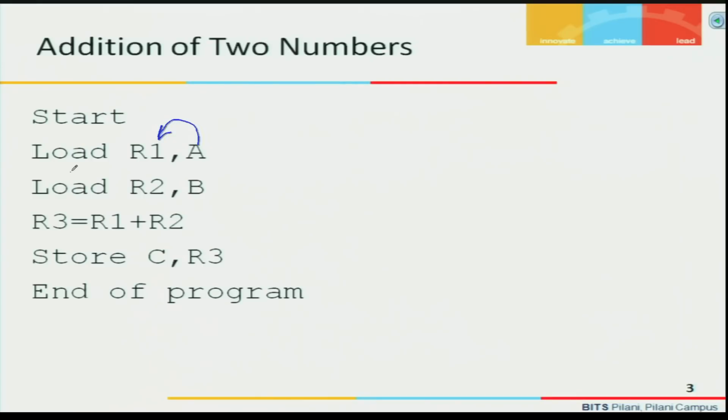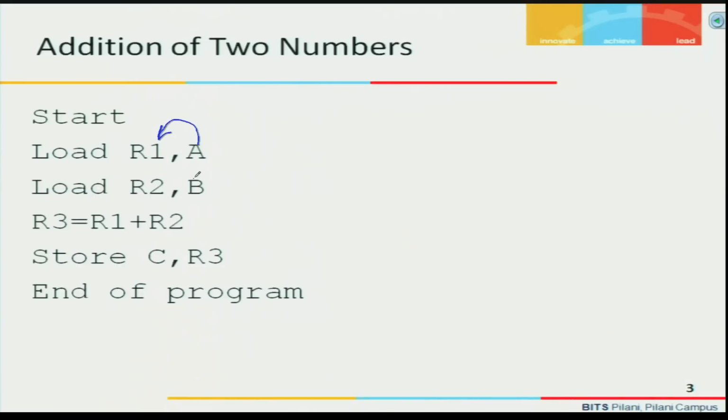So, the first instruction or the first statement written here says that the value of A, which represents a symbolic name to the memory location, is loaded in the processor register. Let us say the register name is R1. So, here A is a source and R1 is a destination.